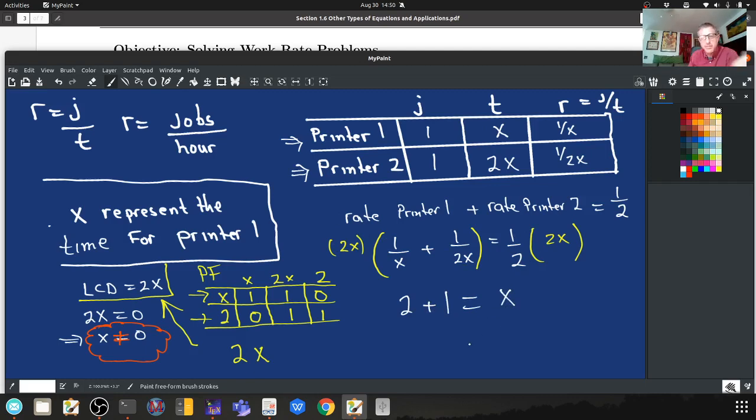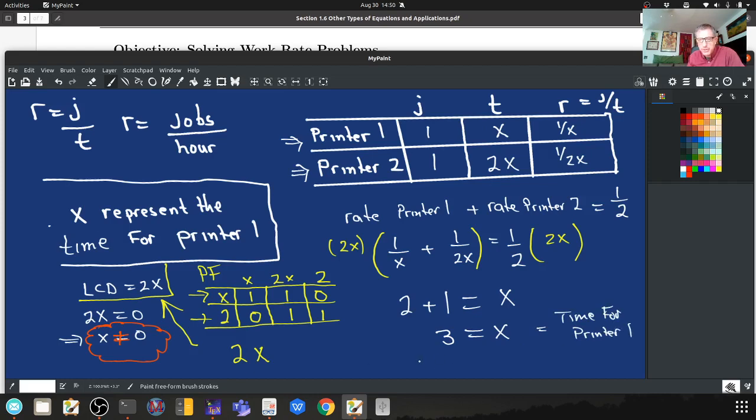Are you kidding me? Look at that. So I have 3 is equal to x. So it takes printer 1 3 hours. So printer 1 takes 3 hours.